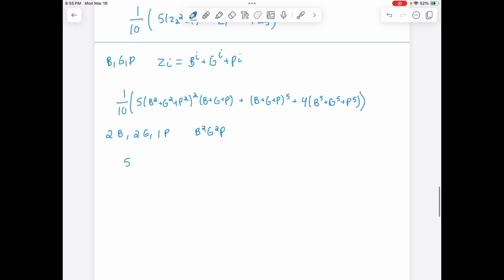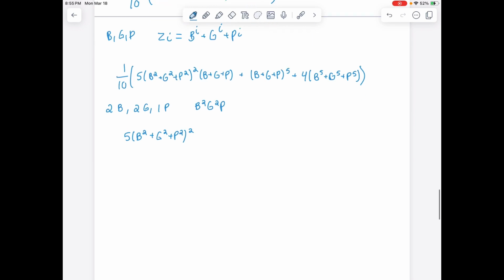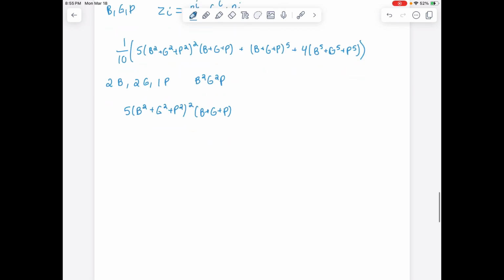So considering the first piece, 5 times B squared plus G squared plus P squared all squared, we can think of it kind of combinatorially. So, oh, and I have this piece, B plus G plus P. So we can't get a P to the first from this piece. So we'll have to get it from this piece. So this gives us our purple bead. And then we have 2 of these.